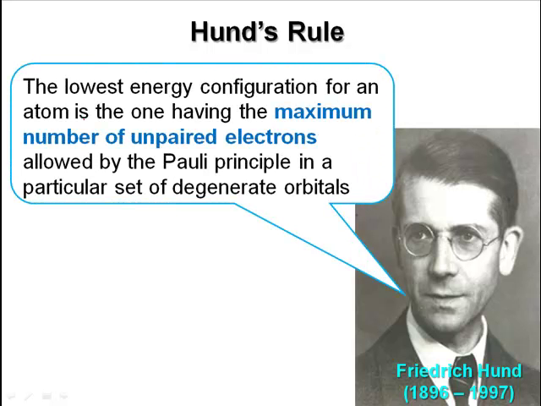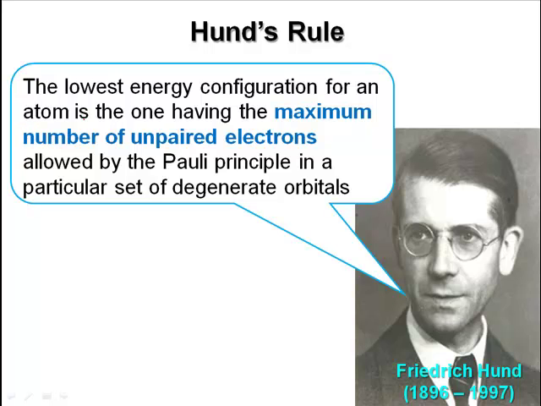He said the lowest energy configuration for an atom is the one having the maximum number of unpaired electrons, allowed by the Pauli principle in a particular set of degenerate orbitals. Oh, 101, sorry. Hund, of course, would be 101. Yeah, the irony. The one is an up electron, the 0, and the other one is a down electron.